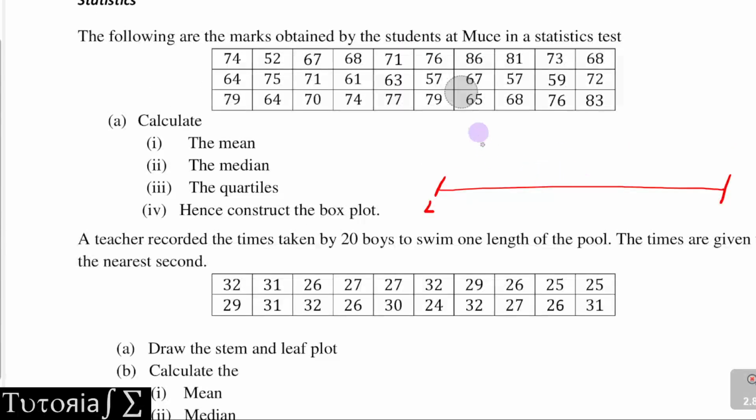If we check here, the lowest number looks like 50. I saw 50 somewhere. So this is 52. All right, so that is 52. We also look for the highest number. It should be 80. You have 86. Yeah, so it's 86.